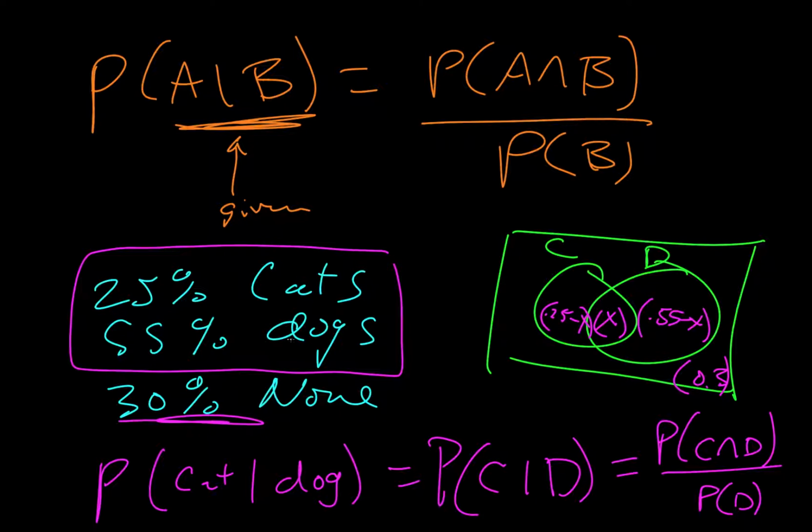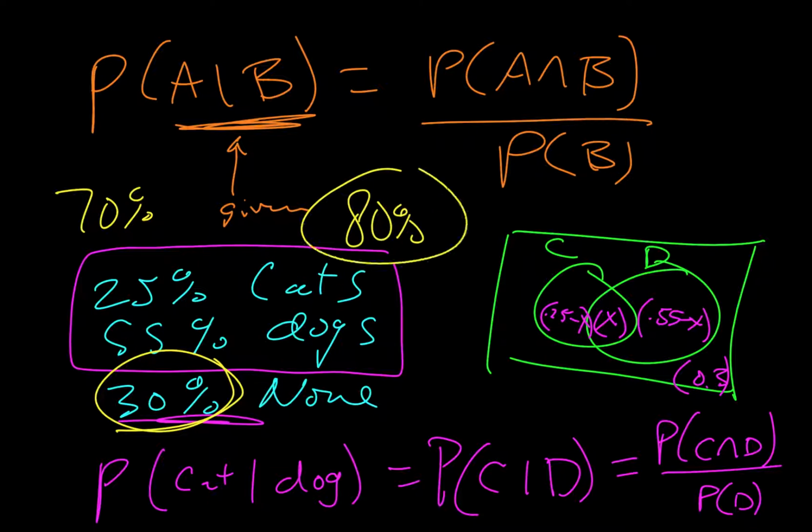And so what we can do is look at this situation that I've circled here. Now we know this represents 70% because 30% have none. And so if we add these together, we're going to get 5, 6, 7, 80%. So that's too much.